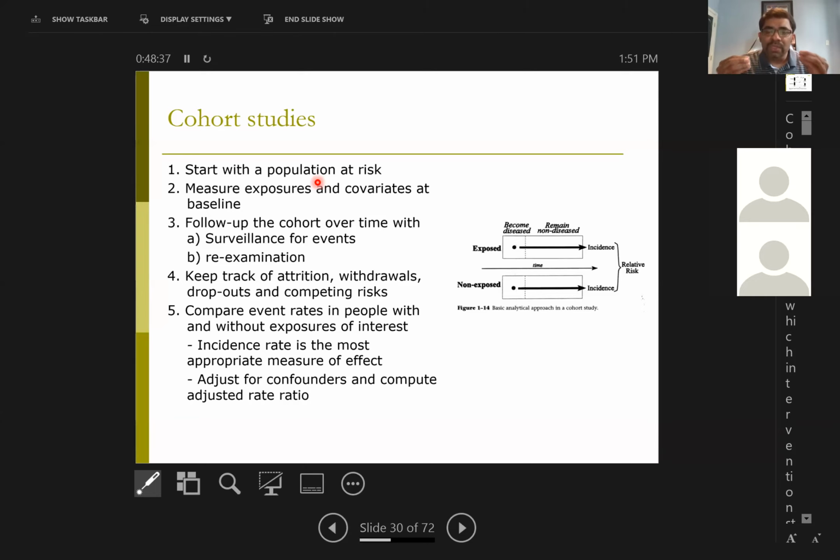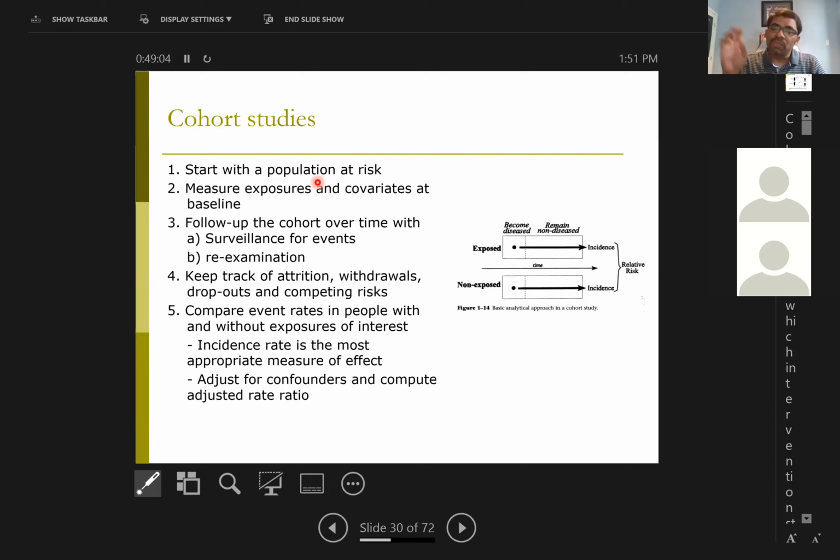We can compute a real incidence. Incidence is the number of new events that happen in the cohort. The denominator is the entire cohort that was followed up, or the person time contributed by all the cohort members. And then we can take the incidence among those who smoked in the cohort divided by the incidence among those who did not smoke in the cohort.